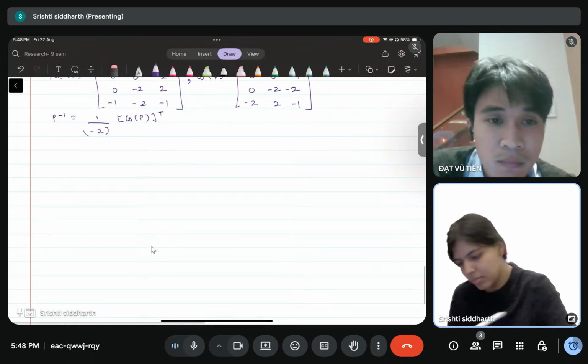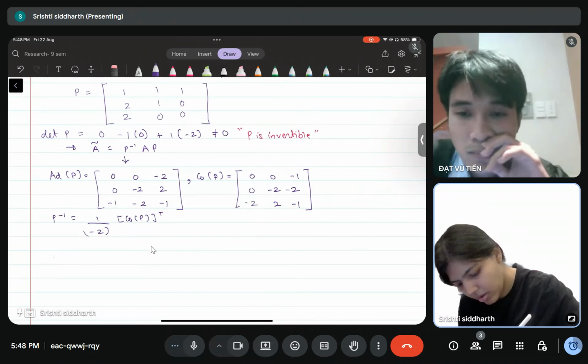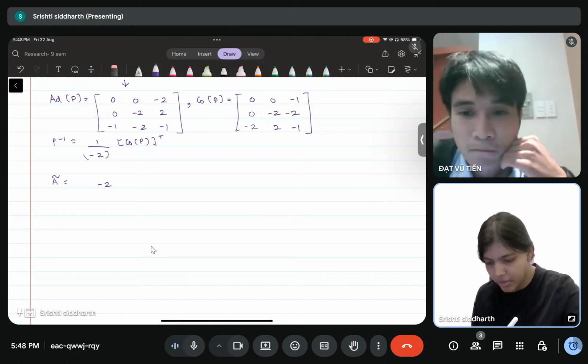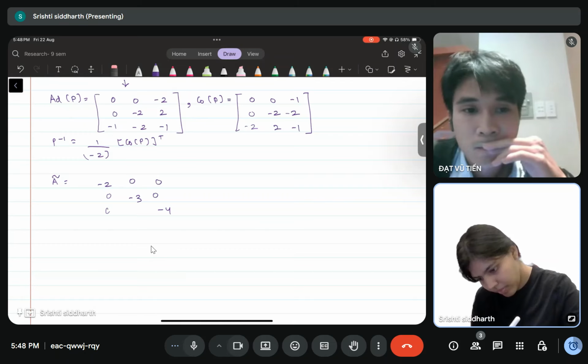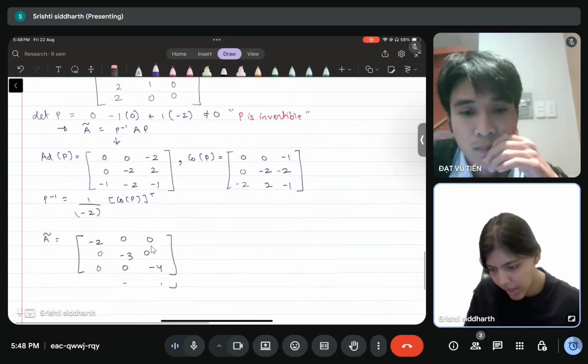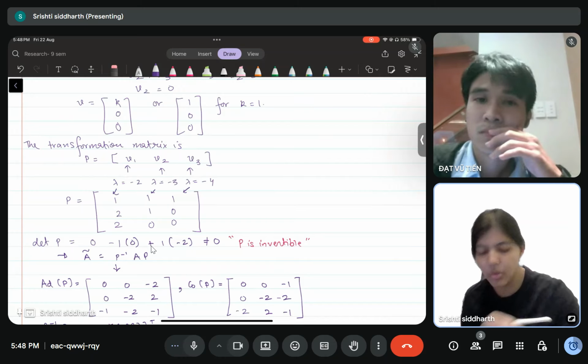Okay, so after substituting this in A tilde, you can actually check this. This comes out to be diagonal with minus 2, minus 3, minus 4. So this is a choice that we have made, writing down the columns starting from minus 2, minus 3, and minus 4.